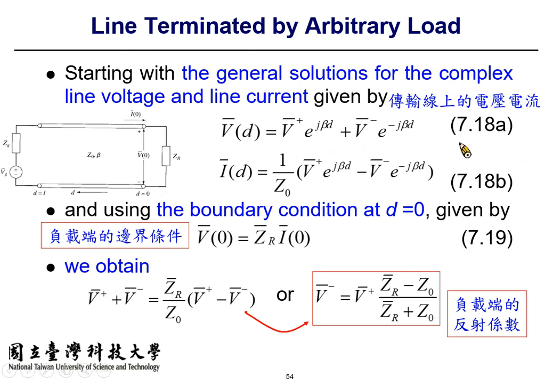And as equation 7.18 shows, it can be divided as the summation of forward-going and reverse-going signals, which can also be known as the incident and reflected signals, V plus and V minus.